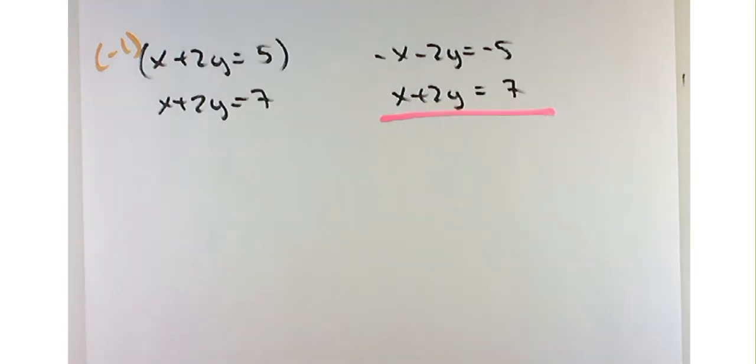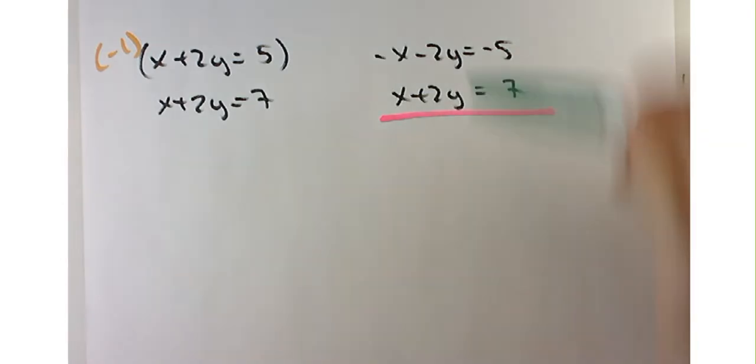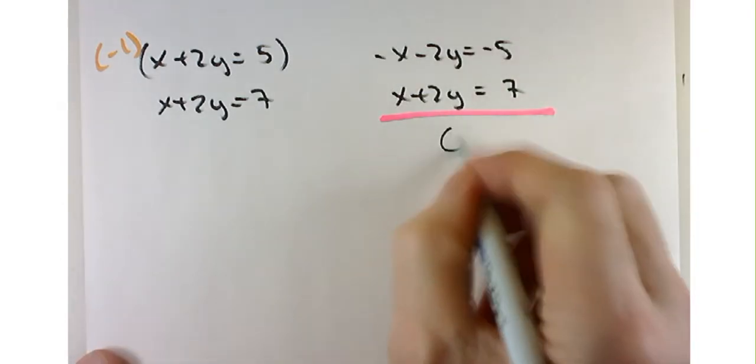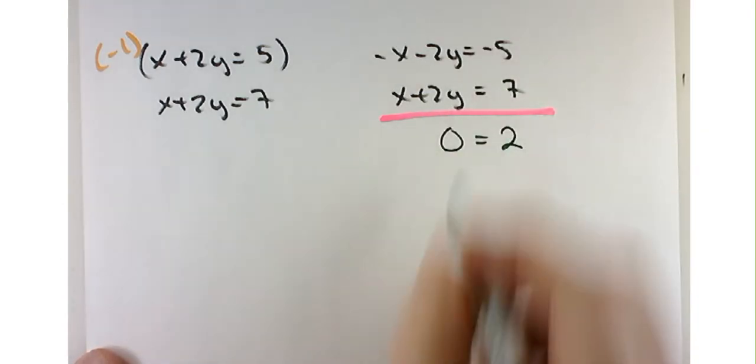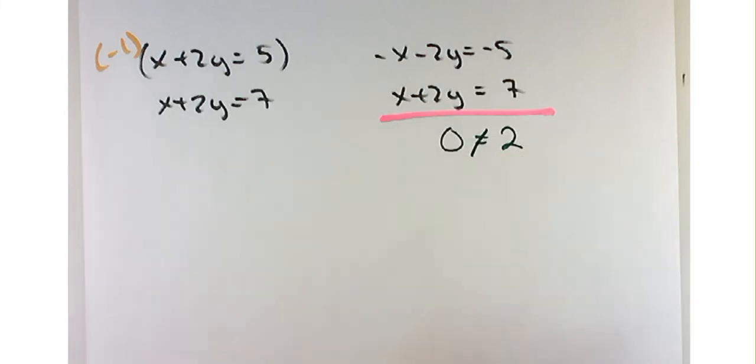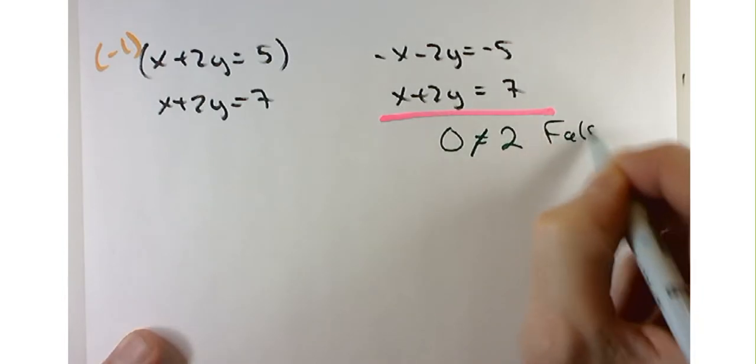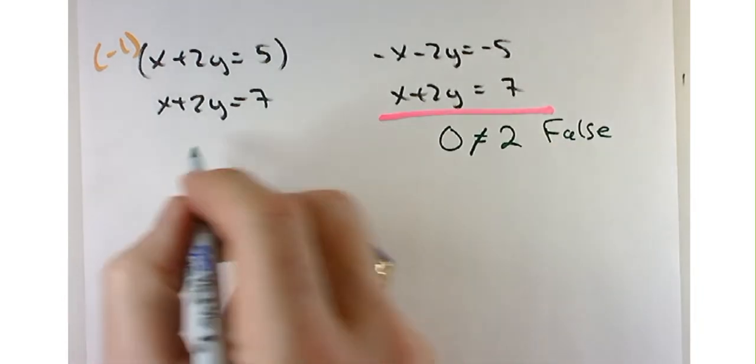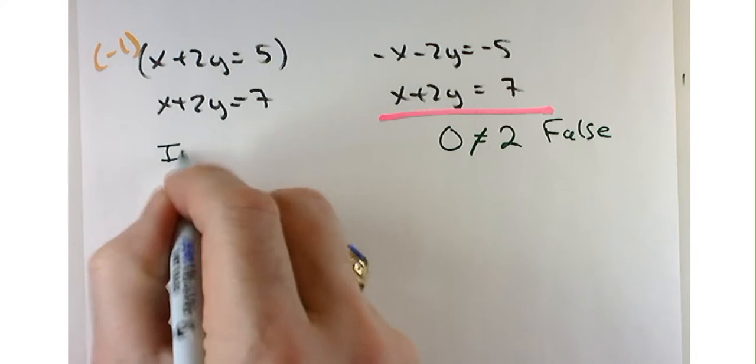What pops out of this? Well, on the left-hand side, I get a 0, and on the right-hand side, I get a 2. But 0 doesn't equal 2. So that's false. And what that's telling me is that there's no solution. This is inconsistent.